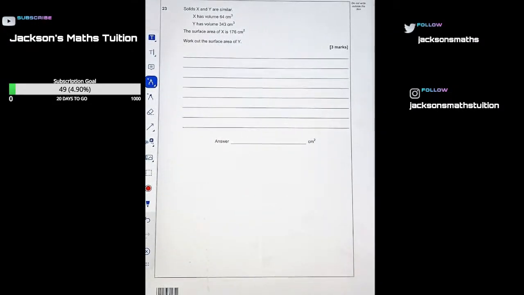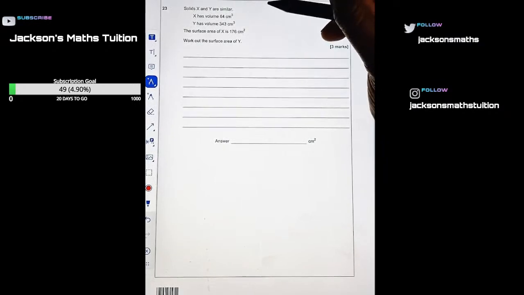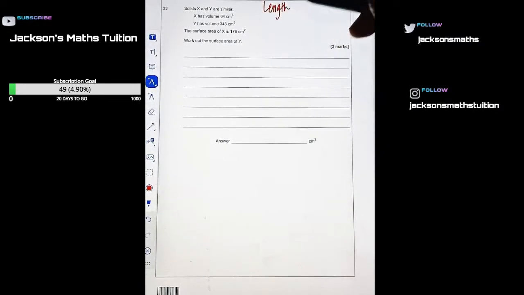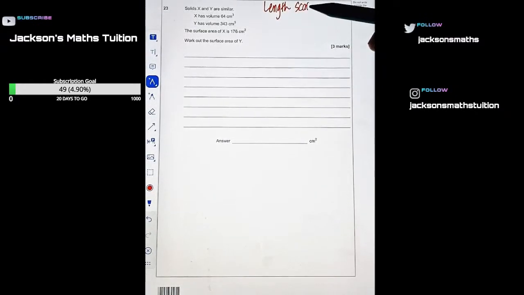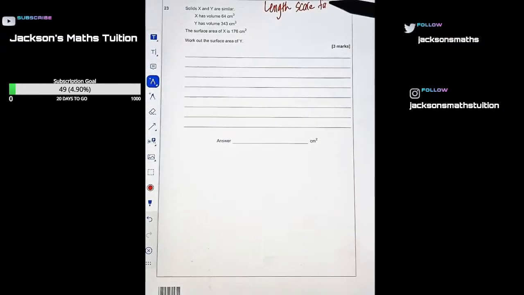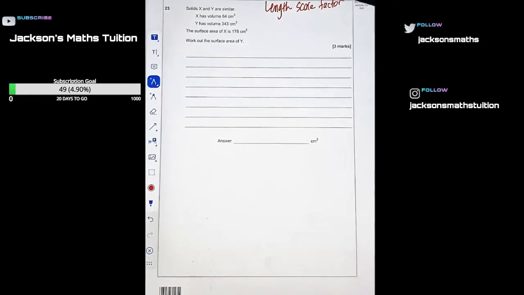Question 23. Similar shapes with volume and area. Okay, let's have a look. Now, when you do similar shapes, if you're finding the length scale factor, we normally divide the two sides. Yes, we do a side divided by a side.